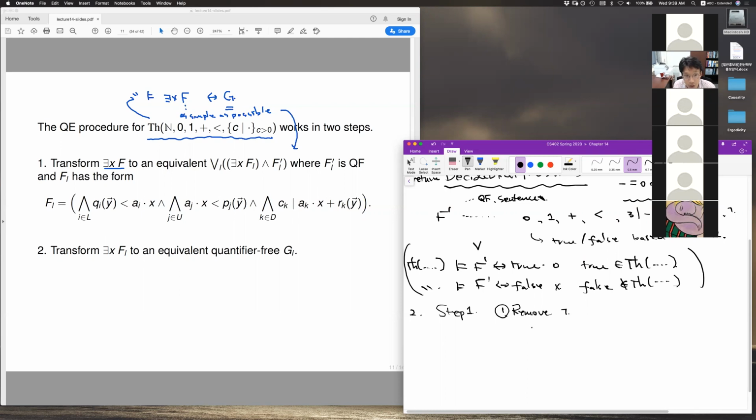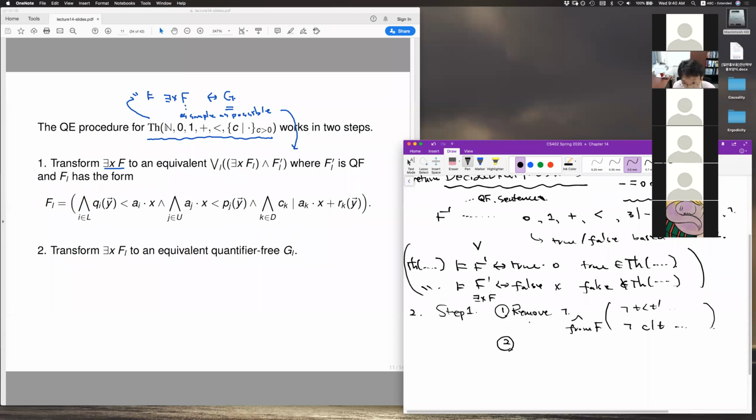Moving negation all the way to the atomic predicates, the negation can then be removed. Also, the congruence predicates can be handled by doing essentially case analysis. So that's the first step. We start with exists x f, and we remove negation from f.